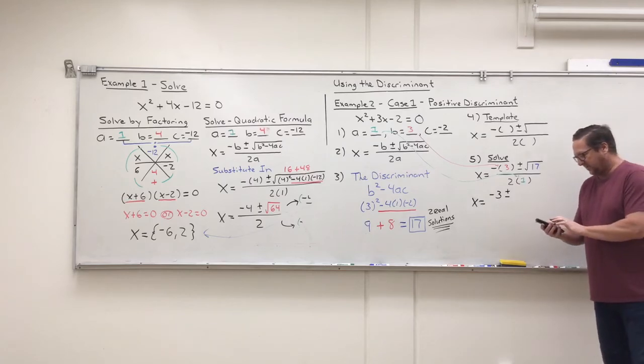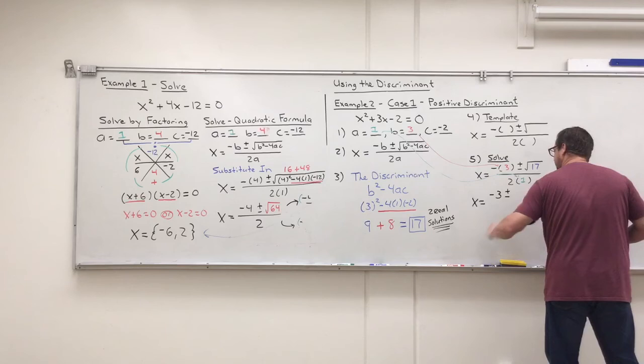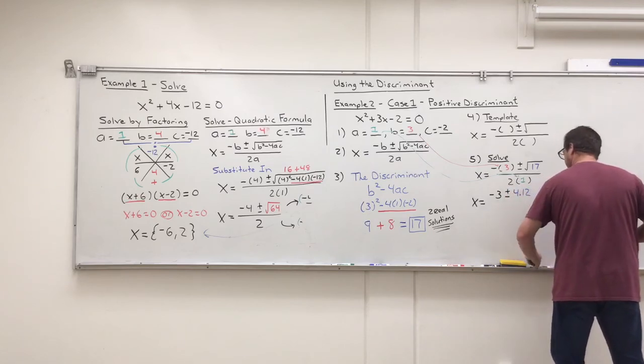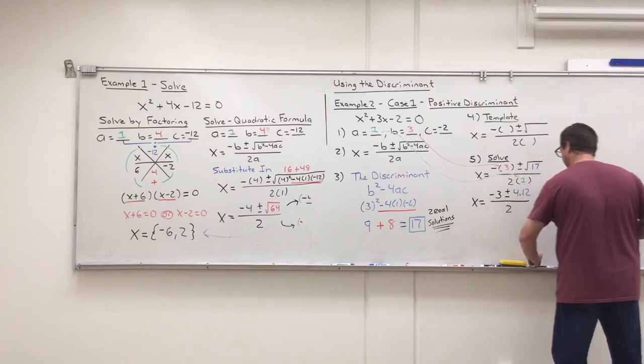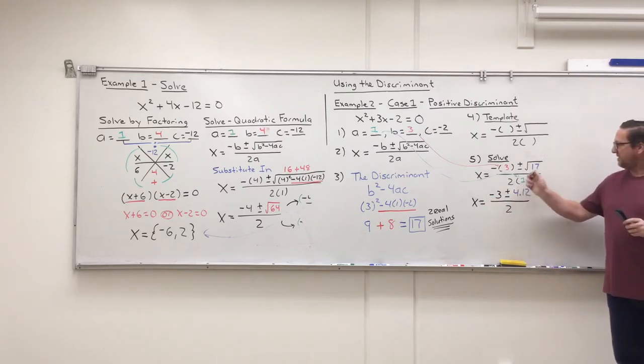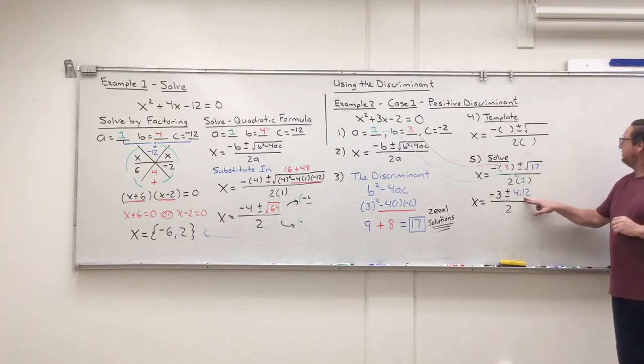Now, I'm just going to hit the square root of 17 on my calculator. I think, let's go to 2 decimal places. So I rounded the square root of 17, we're going to round to 4.12.